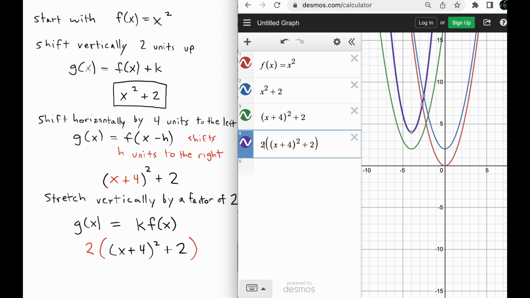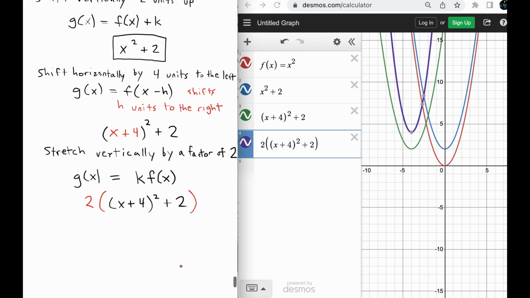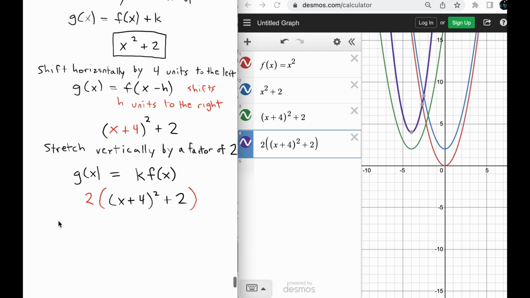But we want to stretch. Alright, now we can also stretch and compress these things horizontally. So if we want that, I'll stretch horizontally by a factor of 2.